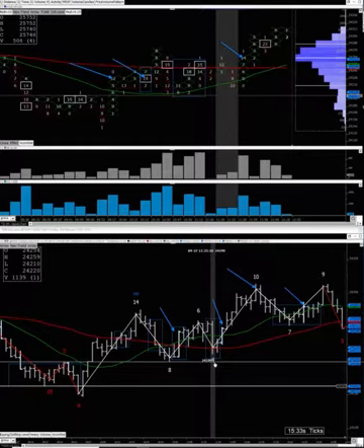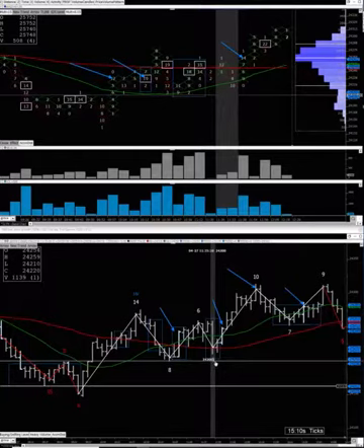When Wyckoff talked about price, he said a lot of times it attracts a following. It attracts a following, meaning price goes only up or down as much as it attracts a following. Well, how do you know it's attracting a following?